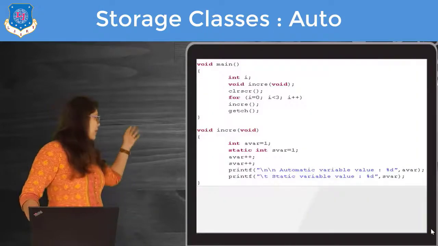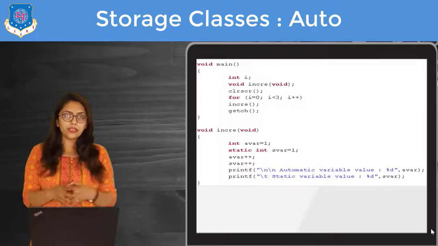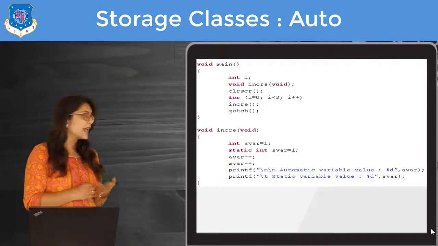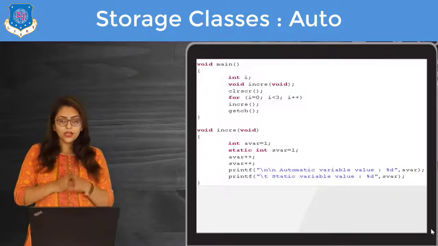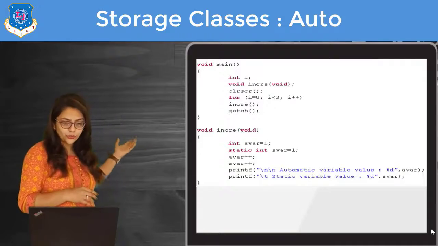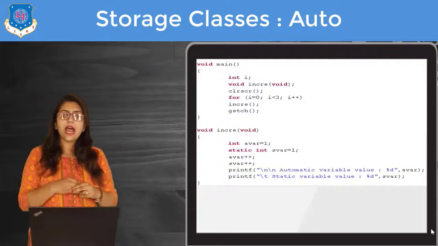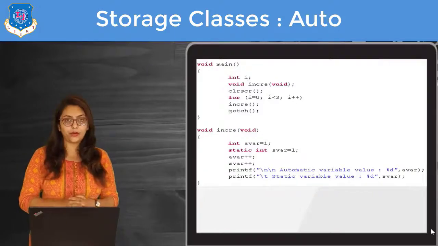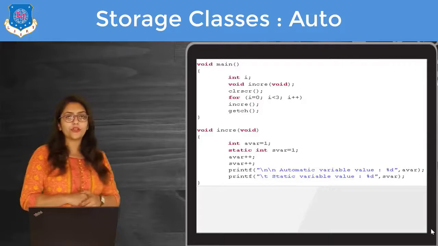Now you can see this program over here. I have written this program in order to show you the difference between the auto storage class and the static storage class. Here I have written void main, or you can also write it as int main, and inside main I have called one function known as increment. What exactly is this increment function doing?